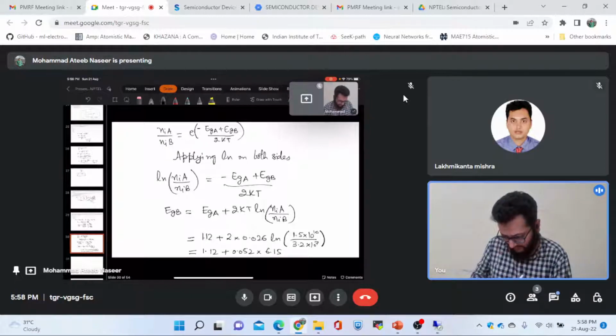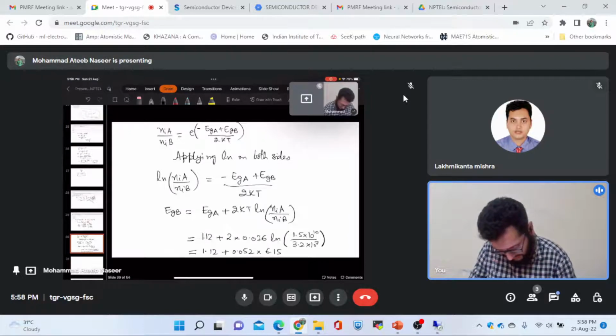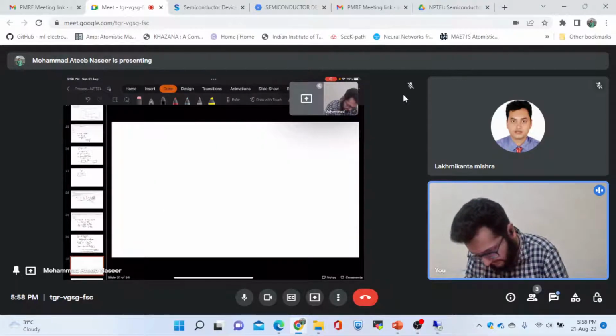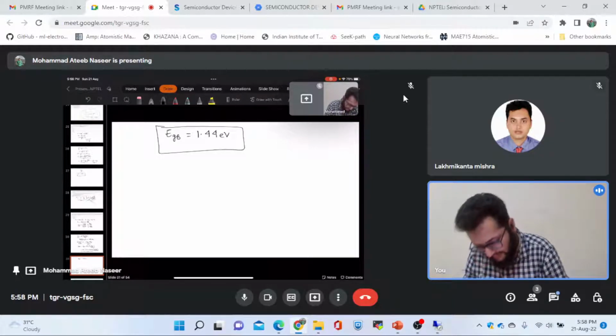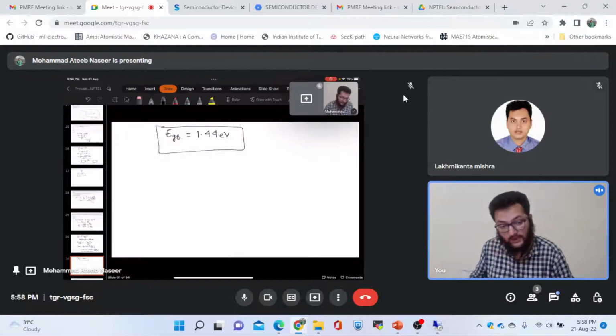Yes. Now let me add these values. It will simply be equal to 1.44 electron volts. This is what we got for the second material.